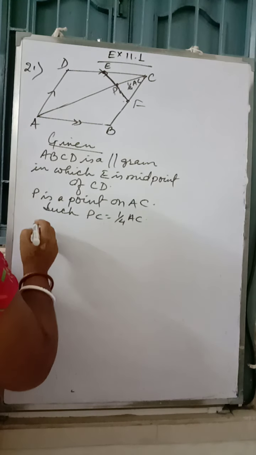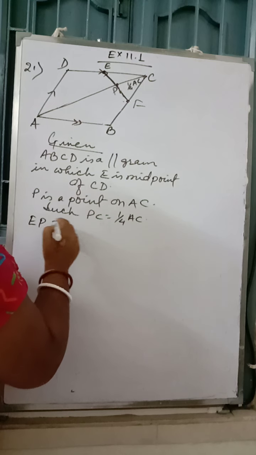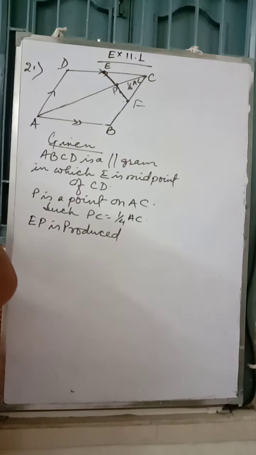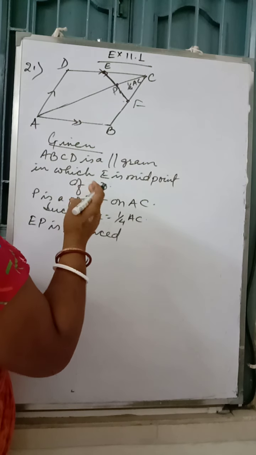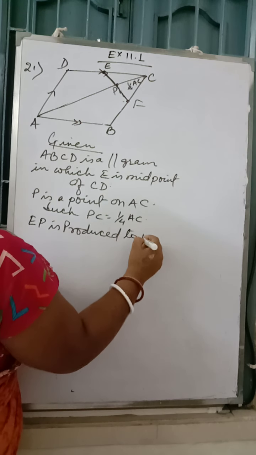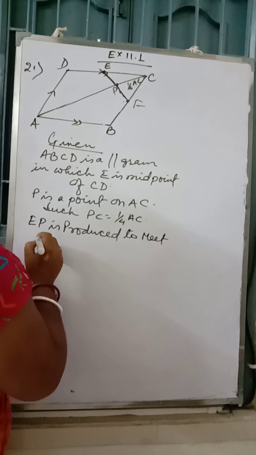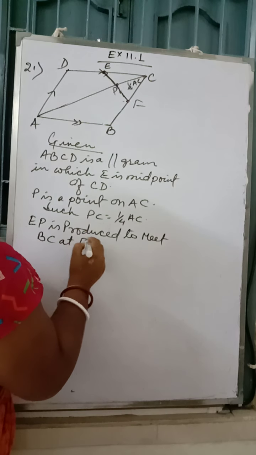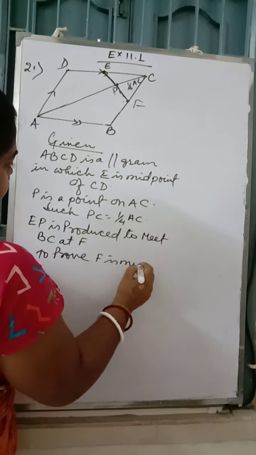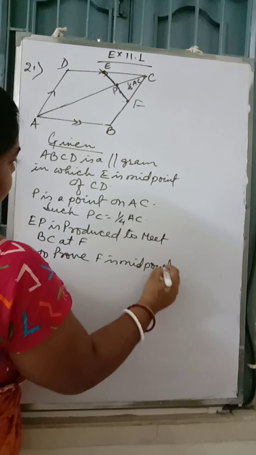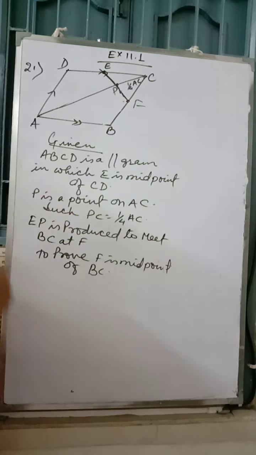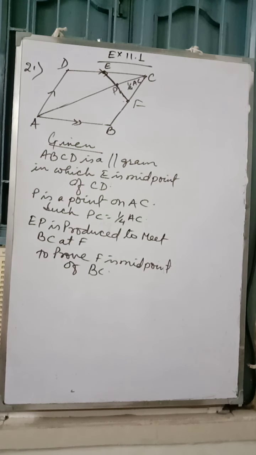Now EP is produced to meet BC at F. To prove: F is a midpoint of BC.